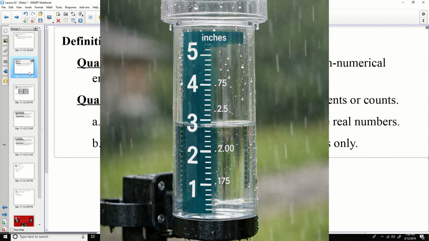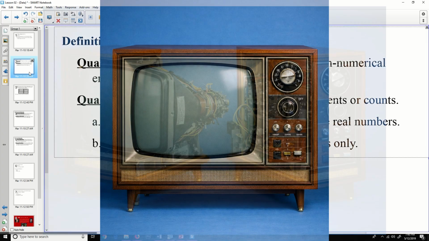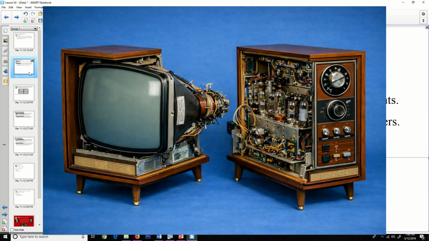The amount of rain can be measured along the real number set. Whereas the number of TVs that you sold has to be measured with integers only. You can sell 2 TVs, you can sell 3 TVs, but it doesn't make sense for us to sell a half of a TV or a quarter of a TV. Therefore, the number of TVs sold is discrete data.